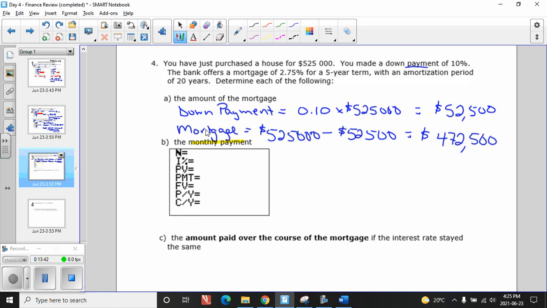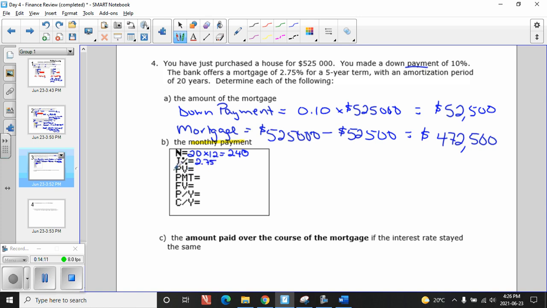Just to keep the details on screen there. We're looking at a 20-year amortization, so a 20-year mortgage, not a 25, which is more common, but a 20-year mortgage, and we're making monthly payments for this mortgage. That'll come out to 240 payments in total. The interest rate for the bank is 2.75%.